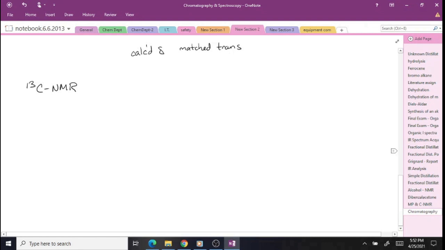But what you could do is look at the peaks and make some general assignments. Certainly the carbonyl is very distinct, and you could distinguish that. The aromatics were all overlapping, but you could make a few distinctions based on basically the peak height.